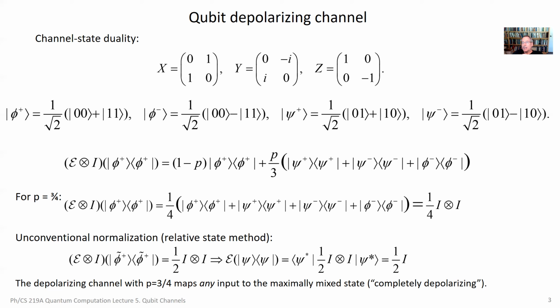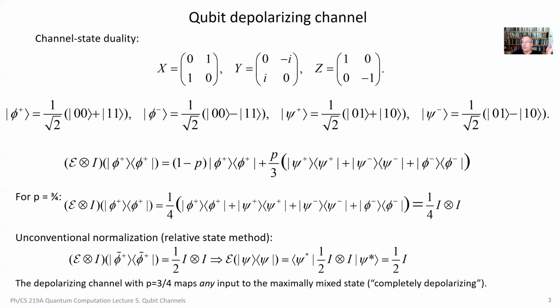So what that's telling us is that in the case where the total error probability for the depolarizing channel is 3/4, any state you put in, in particular this pure state psi, is going to be mapped to the maximally mixed state, to 1/2 the identity.